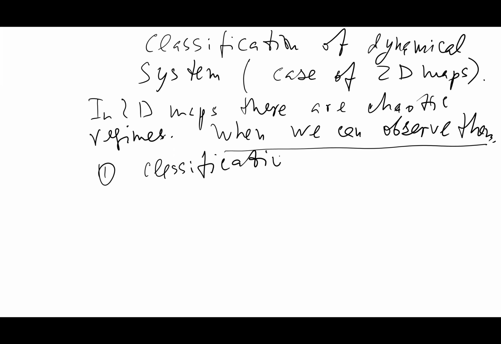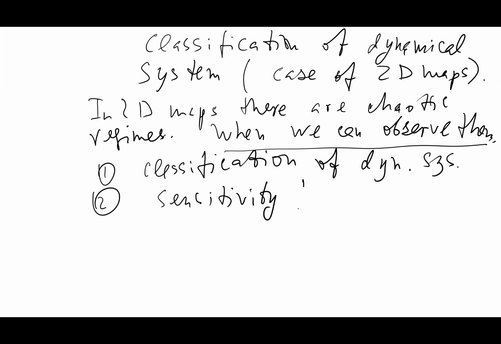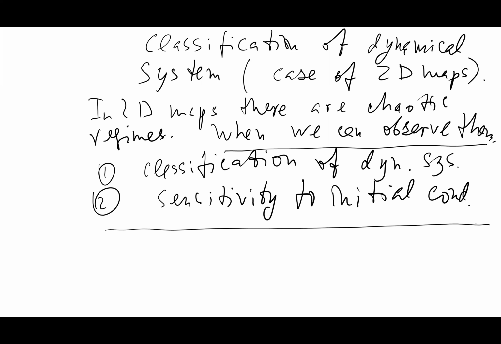So first is classification of dynamical systems, and second is investigating sensitivity to initial conditions. These two problems are closely related, but today I will be talking about classification of dynamical systems, and about sensitivity we will talk next time.